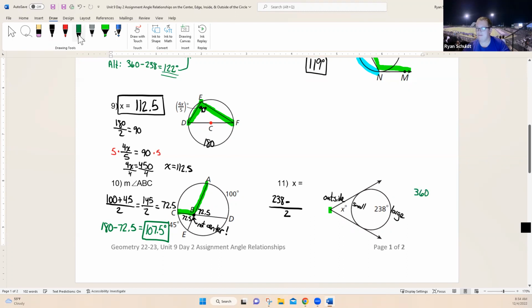So 360 minus 238. Let's see, that's going to get me 122. So our small arc right here is 122. So that's what I plug in there. Okay, so it's going to be 116 divided by 2, which equals 58 degrees. There we go.